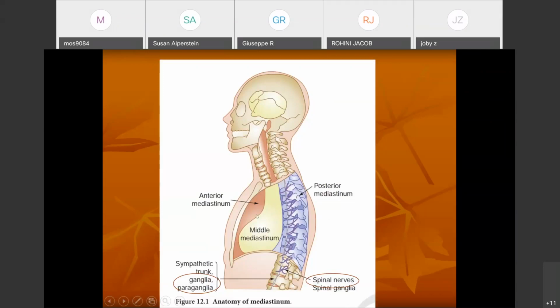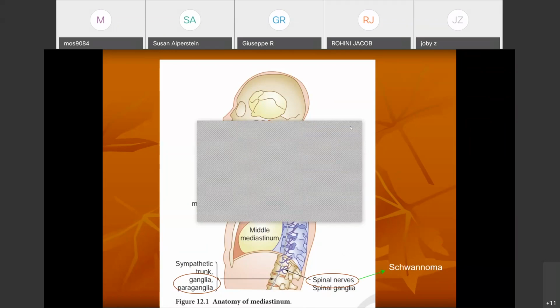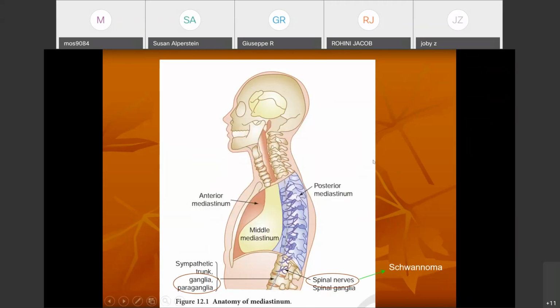And then in anterior and middle, so it's very important to know where it came from. Seminoma. So you could have those fancy tumors, ganglioneuroma, paraganglioma.